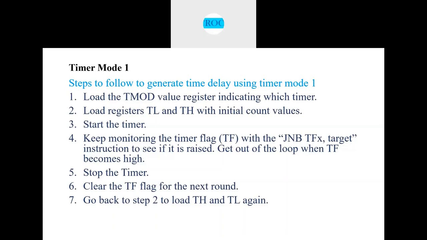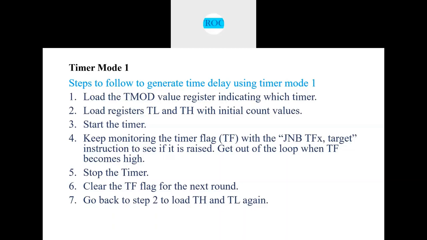Since it is mode 1, you can start with any value, maybe 7FH, so that the maximum value we can reach is FFH. Next, start the timer. How do you start the timer? By setting the timer bit, TR0 or TR1. You can use the instruction SETB TR0 or TR1 to start the timer.